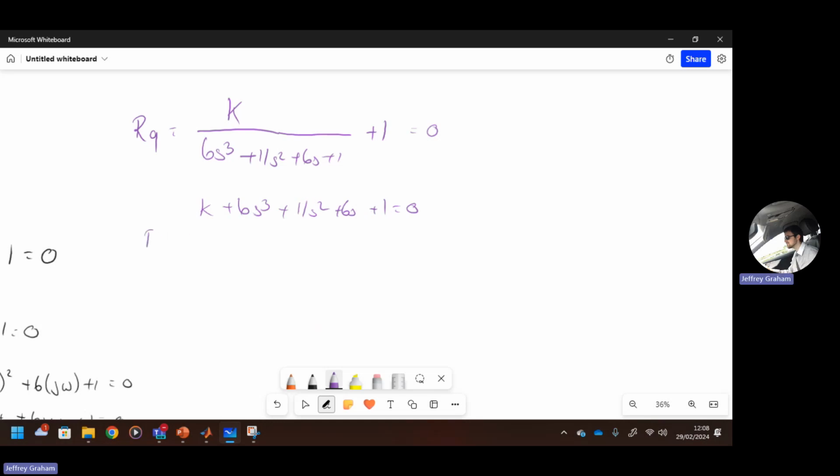Rearrange this for K. Because we're going to differentiate in terms of K. All of these slot into the right hand side, so it's minus values.